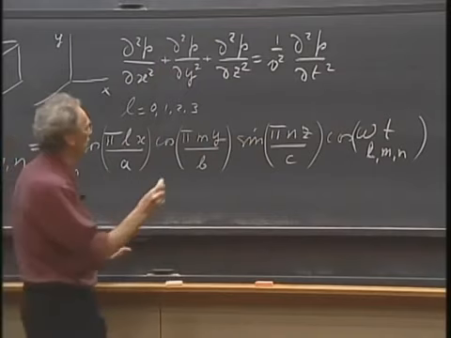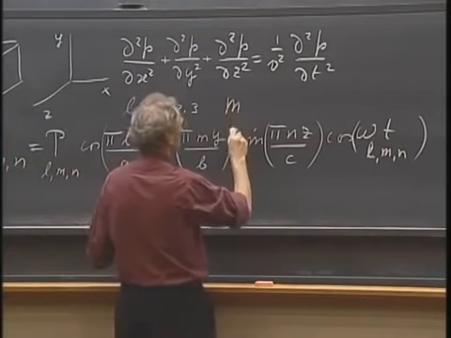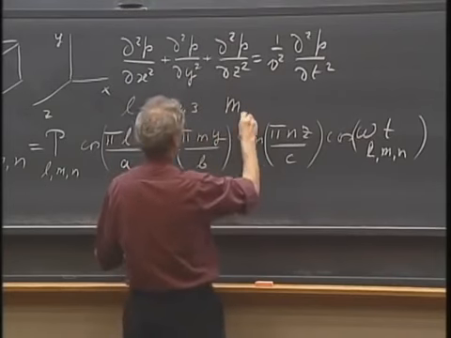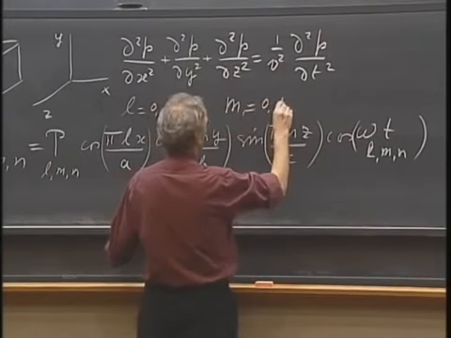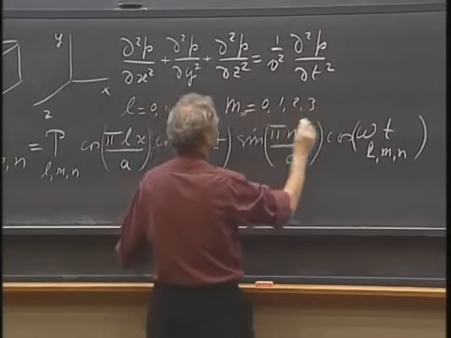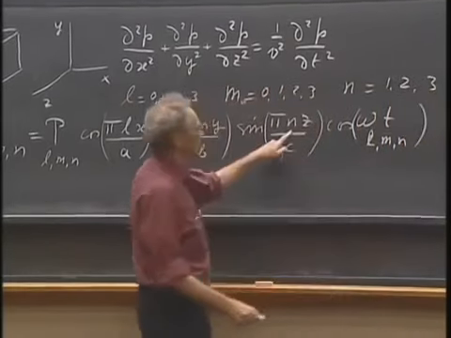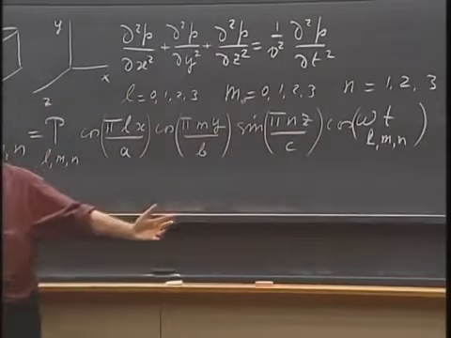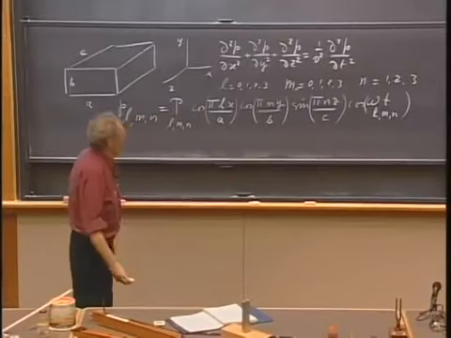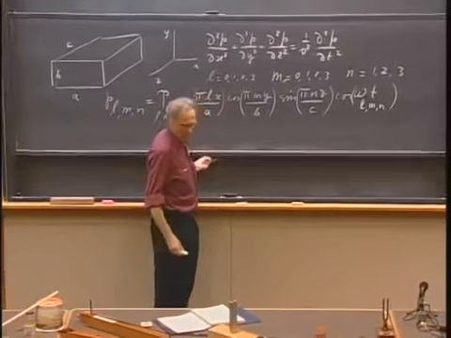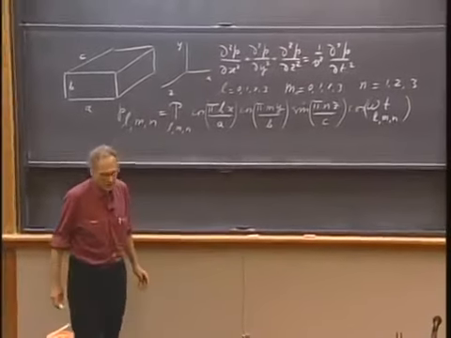Nothing goes to 0. And M can go 0, 1, 2, 3, it's only N that cannot be 0, because if N is 0, then there is no pressure anywhere. There is no wave. So you see here that you now allow for 0, 0, 1 modes, which will give you certain frequencies.